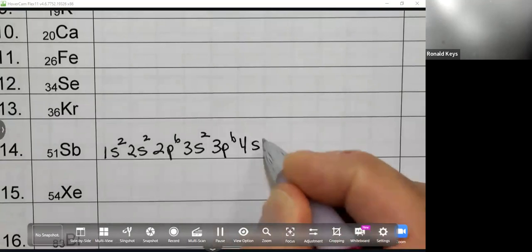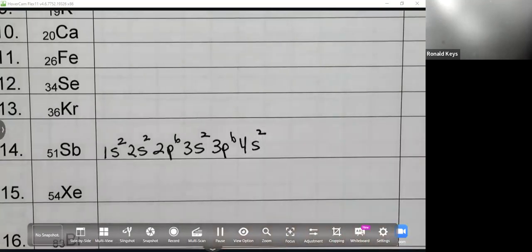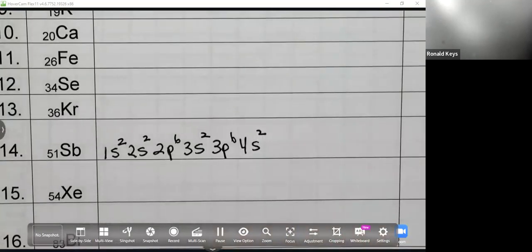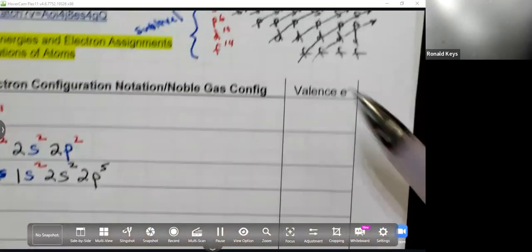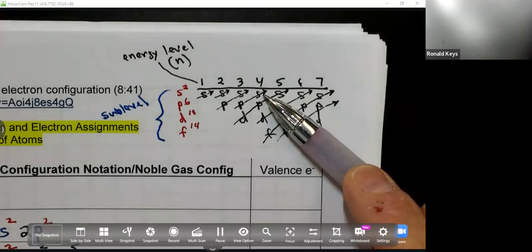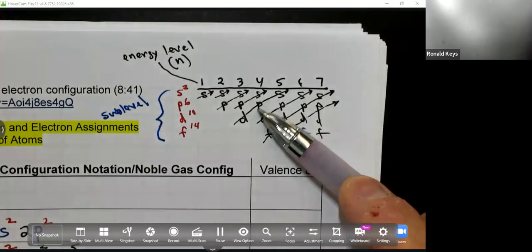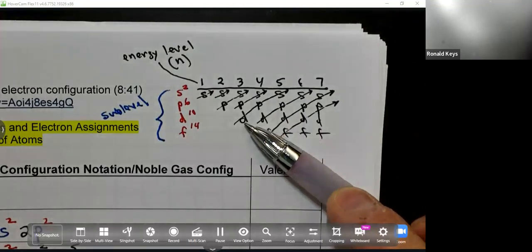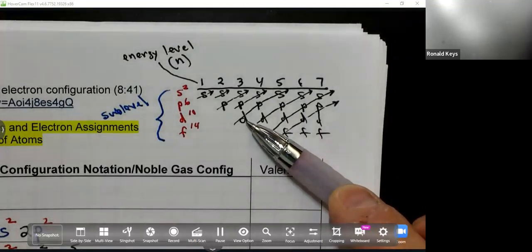I'm going to go back up. I've got ways to go yet. After 4s, the electrons go to the 3d right here. How many can I put in a d? 10, and I'm going to put 10 in here. 3d10.